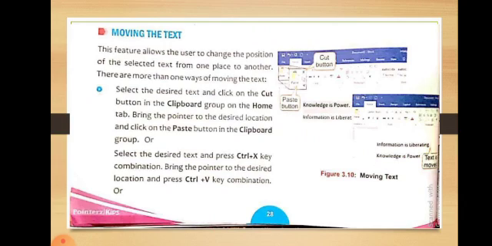You can move the text to the desired place by selecting the text and clicking on Cut in the clipboard group on the Home tab. Then bring the pointer to the desired location and click on Paste in the clipboard group. Or you can use shortcut keys: select the desired text and press Ctrl plus X to cut, move the cursor to the desired location, and then press Ctrl plus V to paste the text.